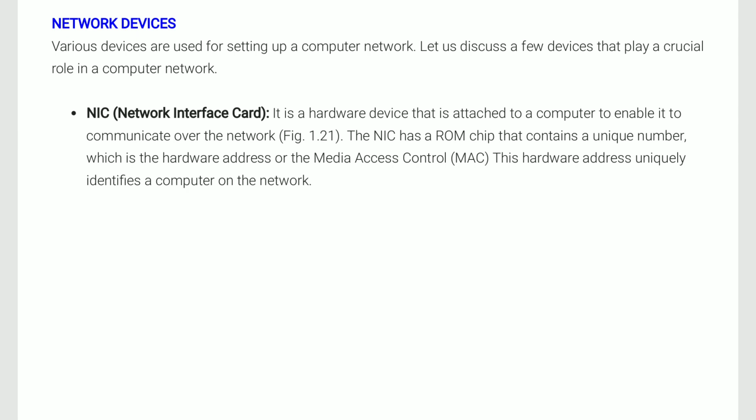Whenever data travels from one computer to another, the data is divided into packets, small pieces of data, and these packets are described by a unique number, and each packet travels through the transmission media via different routes.